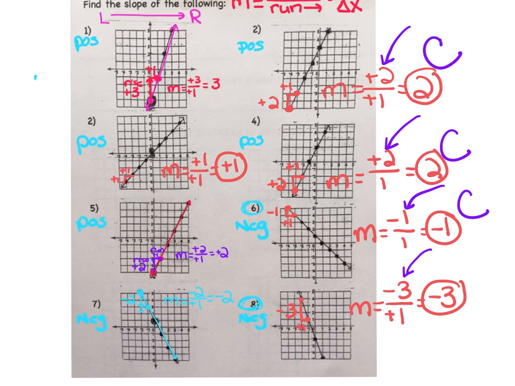And then number 8, -3 over +1, which when you divide is a -3 slope. And lastly, let's look at number 3. You should have gotten +1 over +1, and when you divide, you get a slope of +1.